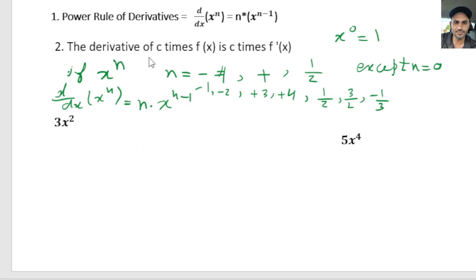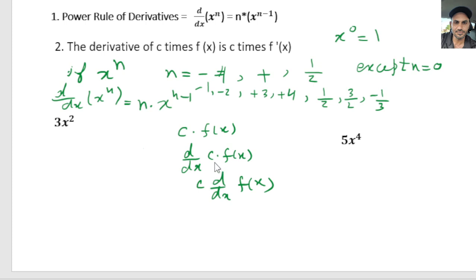And the second one is the derivative of a constant times a function. So if we have c times f of x, we want to take the derivative of that. So d over dx of c times f of x, where c is a constant. We take the c out of the derivative, and we can take the derivative of the function.